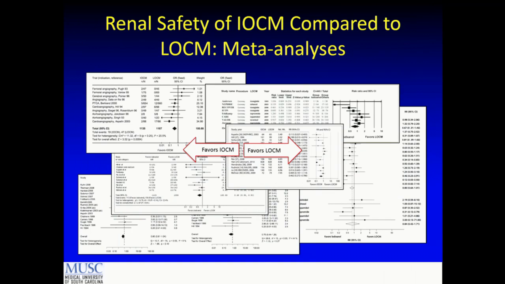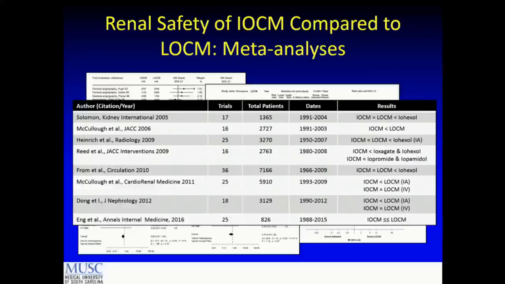Subsequently, this led to many meta-analyses, and I put this up here just to point out that there are several meta-analyses that have been done. You can see that there's a mixture of benefit and no benefit to using iso-osmolar over low osmolar contrast.